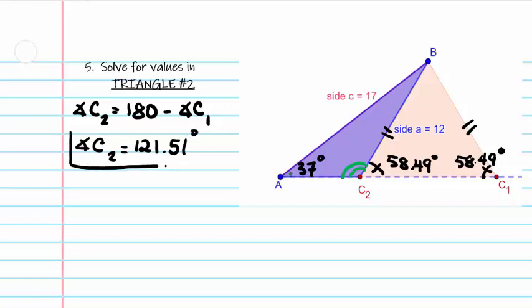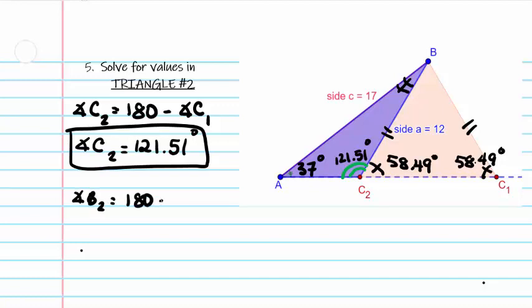And now, if we know that we have in the purple triangle an angle of 37 degrees, an angle of 121.51 degrees, and the sum of the three angles of a triangle is equal to 180, then that third remaining angle, A to B to C2, in other words, our angle B sub 2, should be 180 minus angle A minus angle C2.